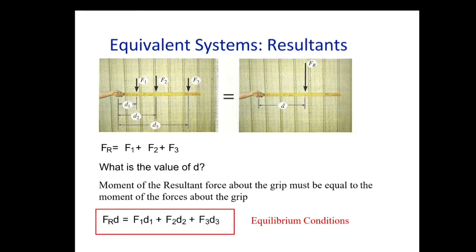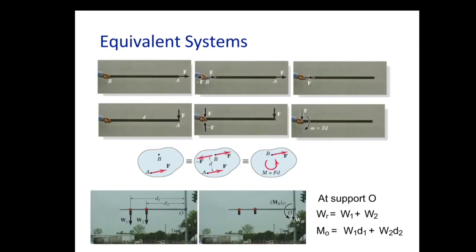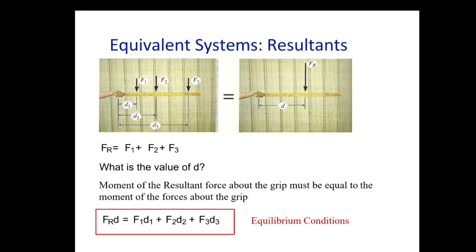Now this is the example for the equivalent system. Let's study more about this equivalent system, what they mean by resultant, and why we have to find it. Here in figure 1 you can see there are three forces applied on a strip, F1, F2, F3, which are at distances of D1, D2 and D3 from the left hand, over which we have provided a grip.